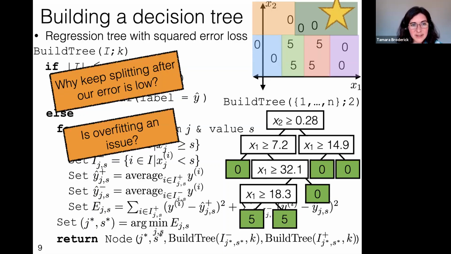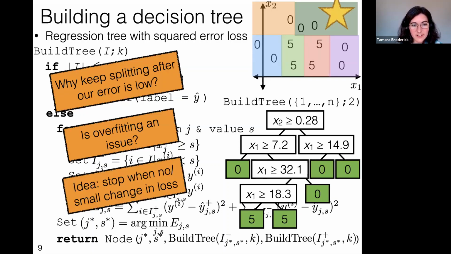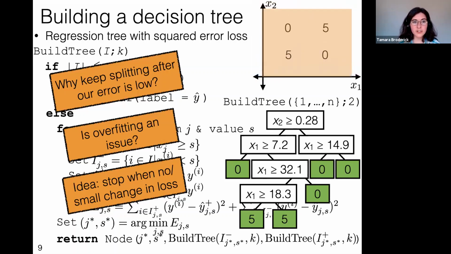Well, just an observation about what could go wrong there. We're going to pursue this idea of stopping splitting when there's no or a small change in loss. Let's look at this example. Suppose instead that I run when it's really warm and there's rain, or I run when it's really cold and there's no rain. This doesn't seem entirely implausible.